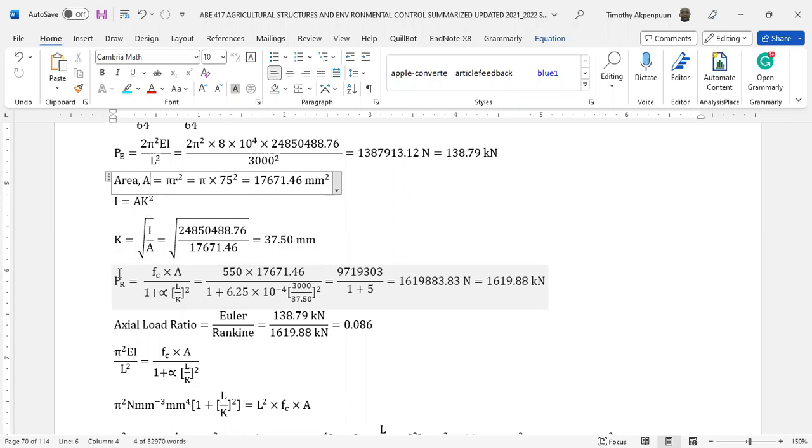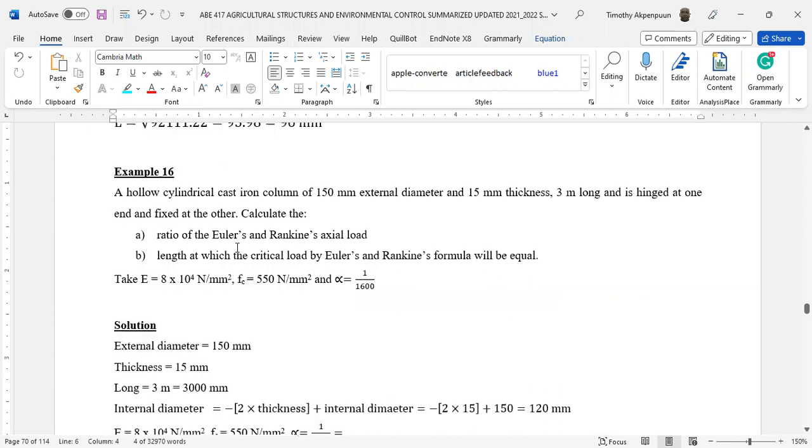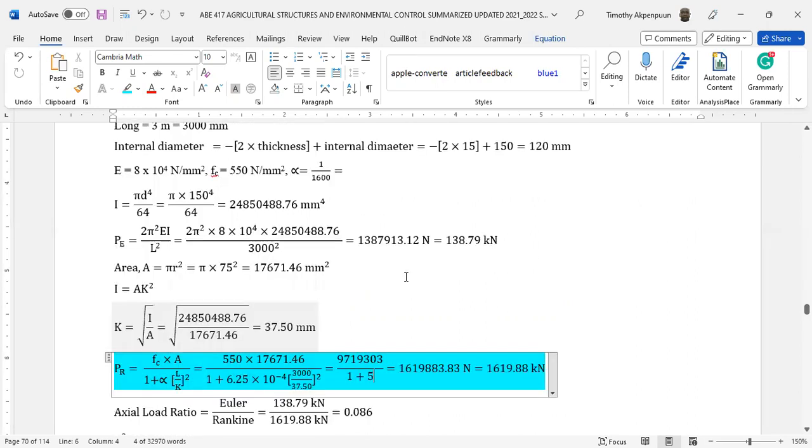Okay, so now let's look at the Euler's equation here. What we have here, is it correct? What we have is a long length, and what we should have is the end condition.